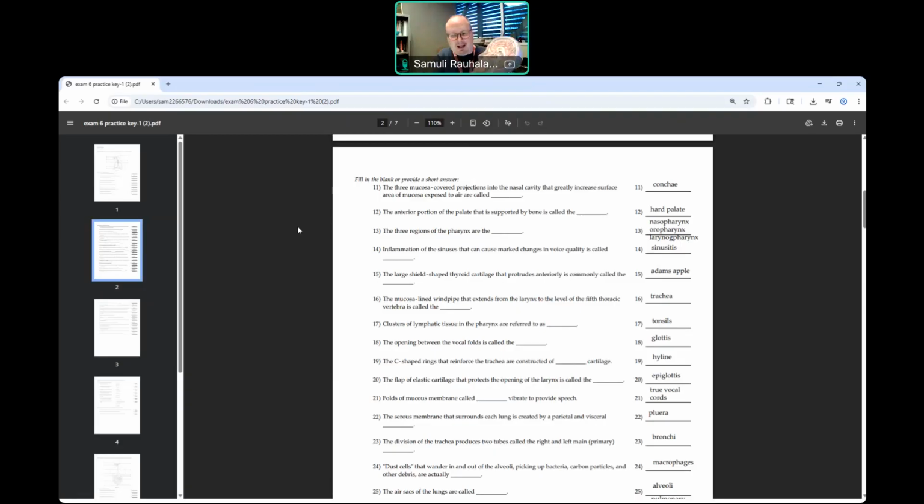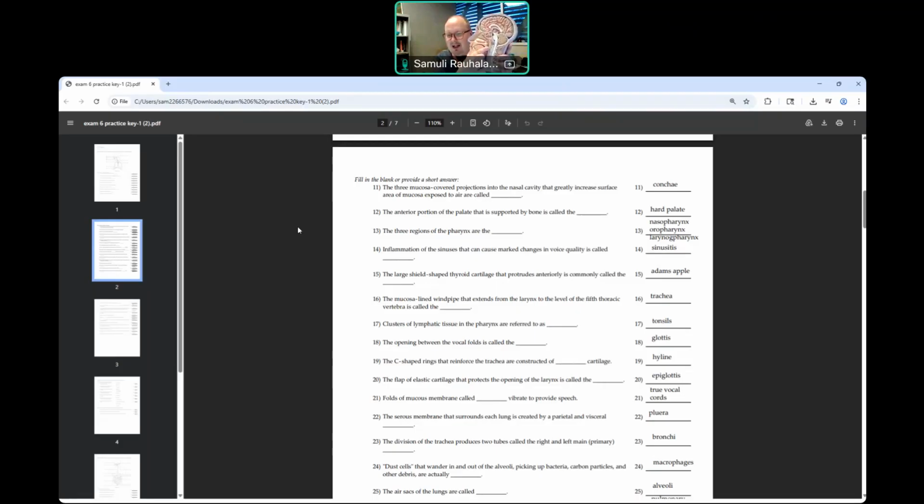Remember, the palate separated the nasal and oral cavities. The anterior portion was called the hard palate because there was bone inside it, and the posterior one the soft palate, which then turned into the uvula. We already discussed the pharynx, the space at the back.